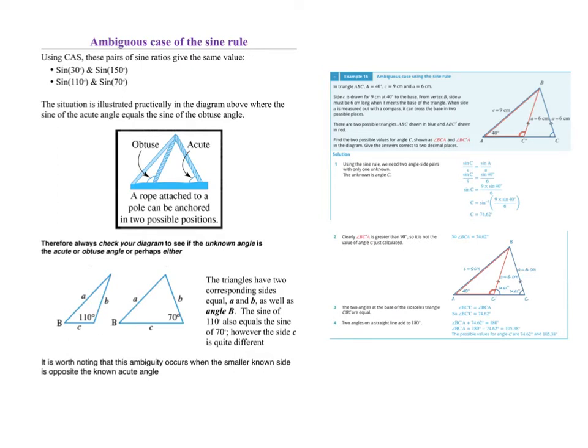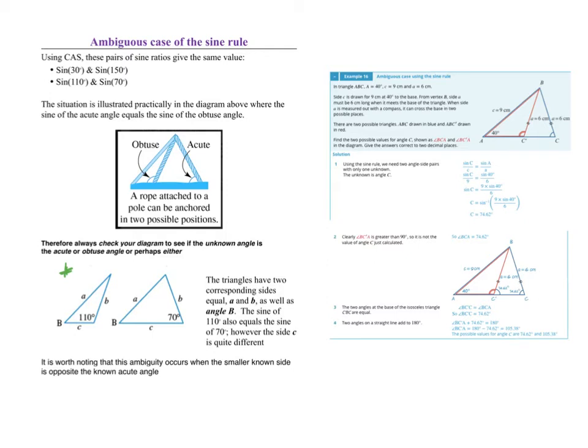Okay, so this leads us into the ambiguous case rule. So what happens is sometimes in a practical situation, there could be two possible answers. It's probably best if I look down here at this one to explain.